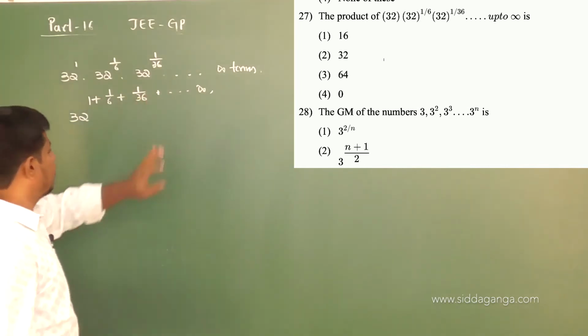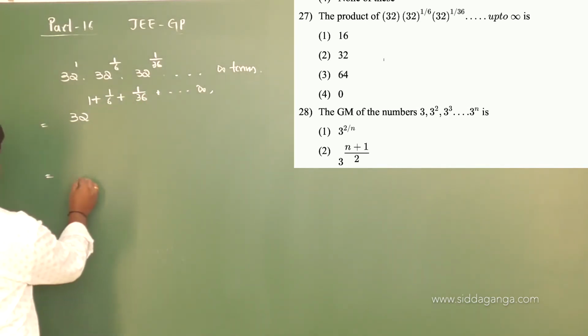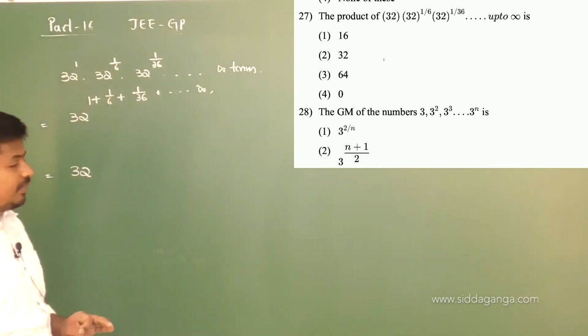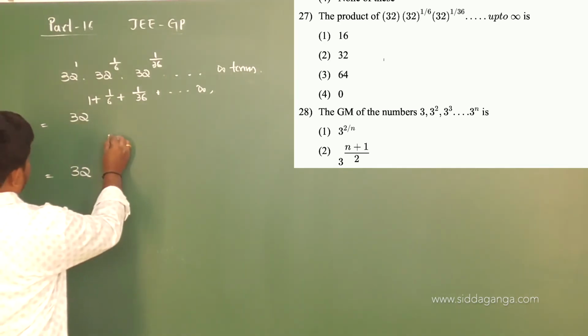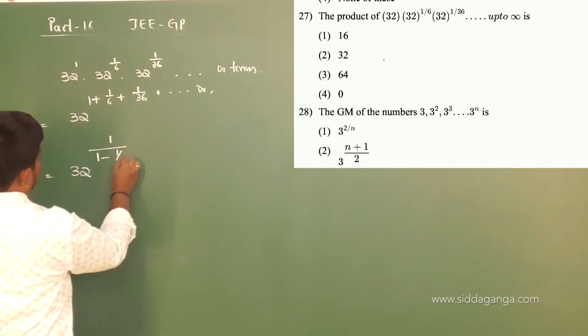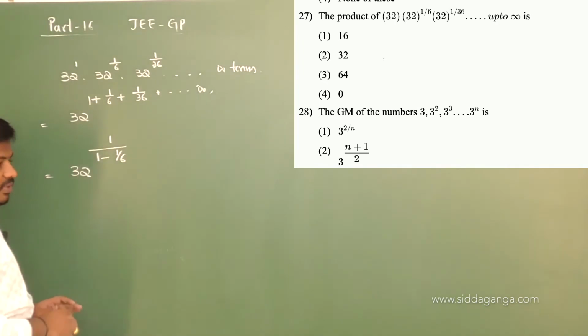So this is a GP series. Then we know the formula to find the sum of infinite terms of a GP: a by 1 minus r. The first term is 1, and the common ratio is 1 by 6.